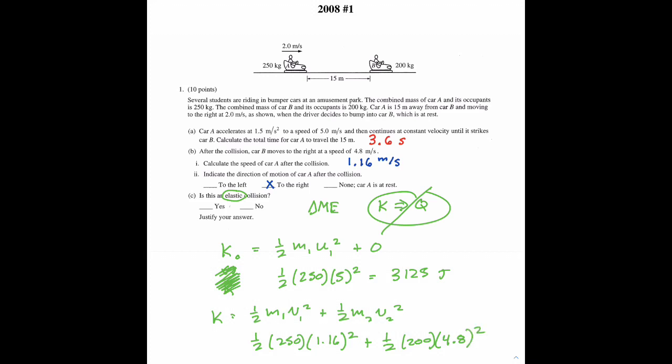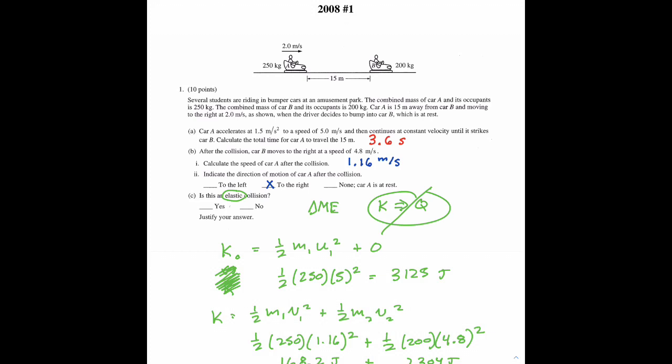Hopefully you're working along with your calculator and you can verify that this portion works out to 168.2 joules, and the kinetic energy of glider B after the collision is 2,304 joules.